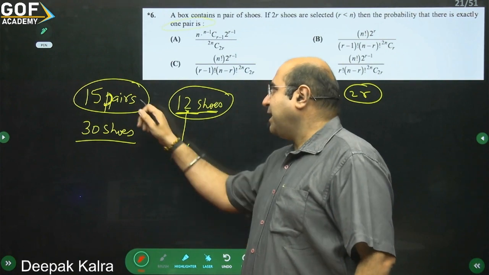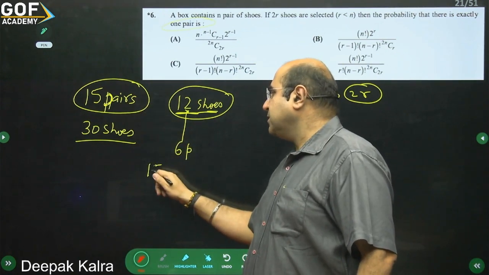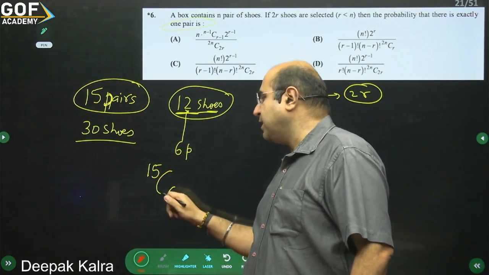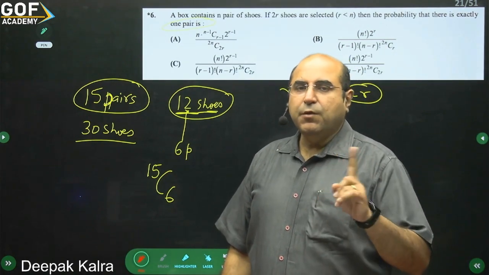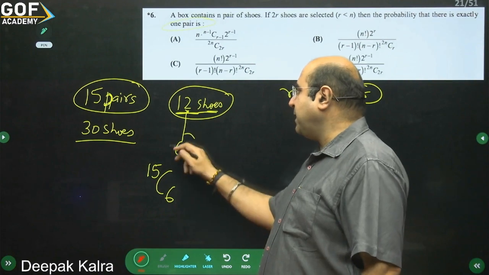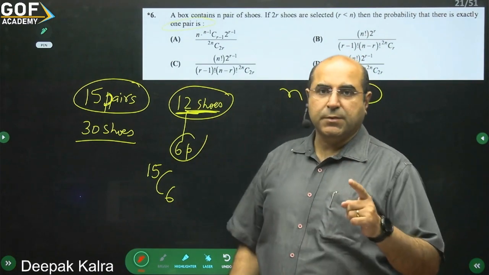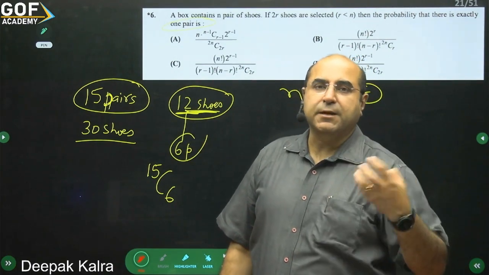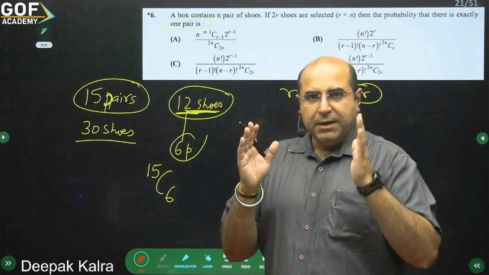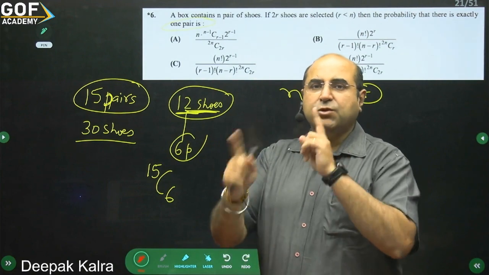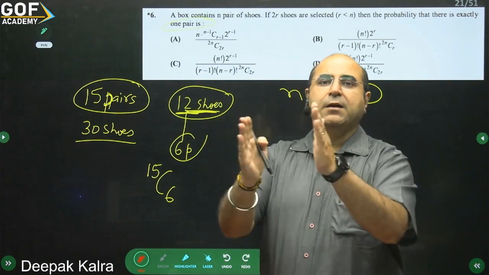Out of these 15 pairs, you should select 6 pairs. No pair I want to make. Why am I selecting 6 pairs? Because I want to select 12 shoes. So I selected 6 pairs, meaning 12 shoes are in my hand. In those 12 shoes, there should not be any pair formation.